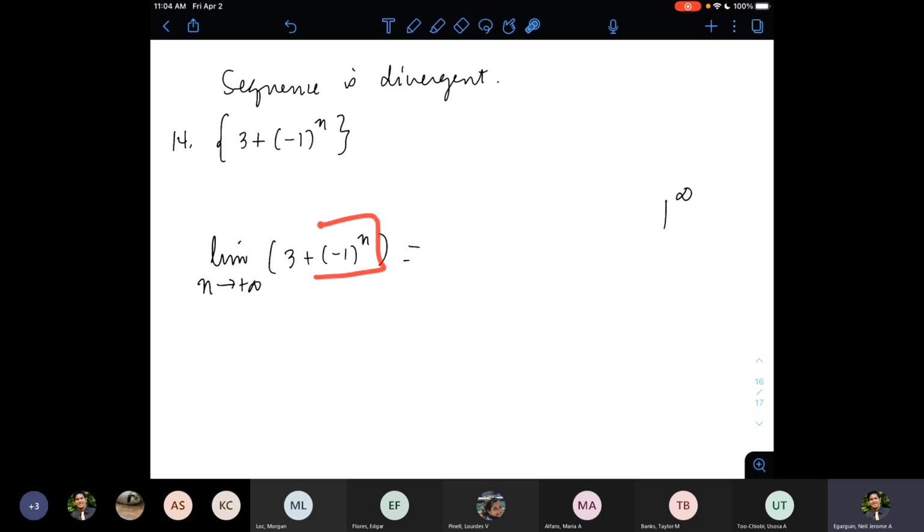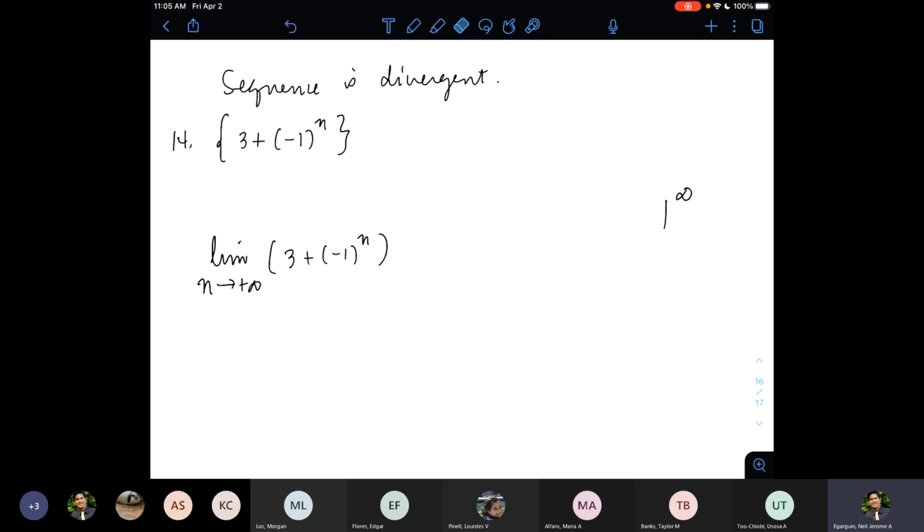So basically this is equal to -1 for odd n, and it is +1 for even n. But essentially, what we see here is that it will just oscillate between -1 and 1, right? So that means the limit doesn't exist, not because it is indeterminate, but because its value will just alternate between -1 and 1.